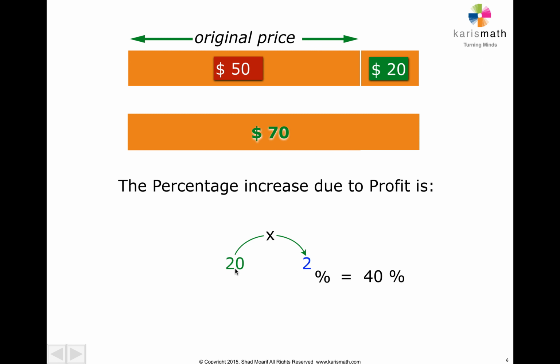That means you made a 40% profit because you made $20 of profit on $50. So $20 of profit on $50 cost price amounts to making a $40 profit out of $100, which is why we say it is 40%. Means 40 for every $100. That's what it means. So let's work it out.